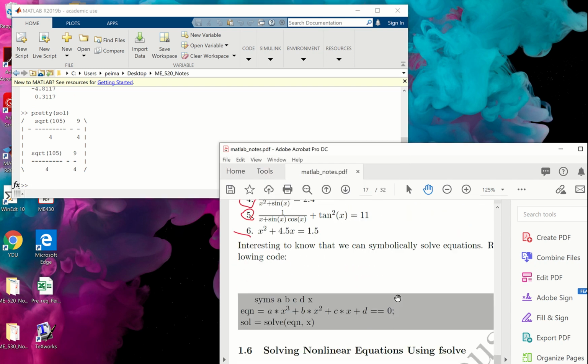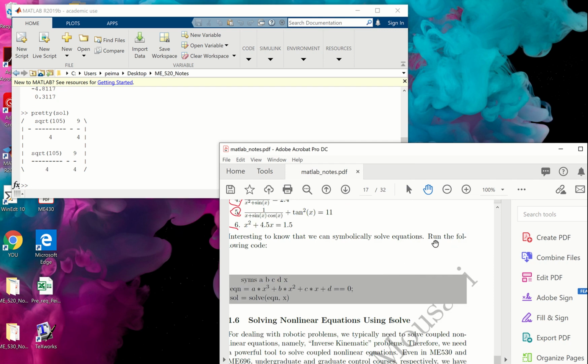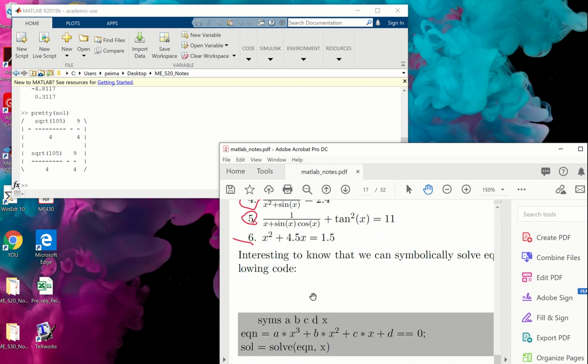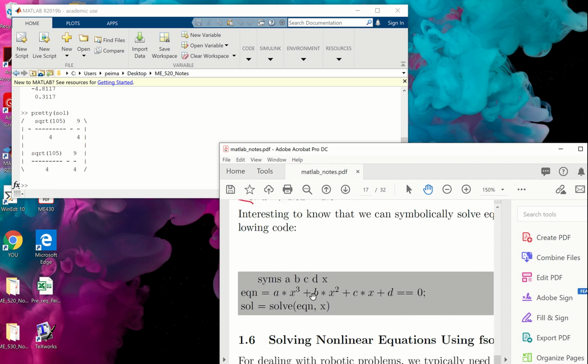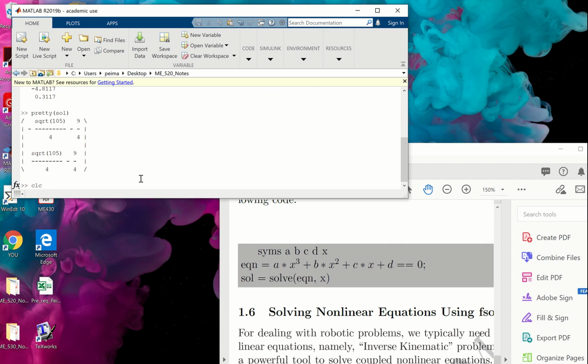Okay, interesting to know that we can symbolically also solve the equations. Run the following code, guys. It's very interesting. Look at here. So here we go. Clear. As I told you, you can say symbolic A, B, C, D, and X. That's right. I'm defining 5 variables symbolically.